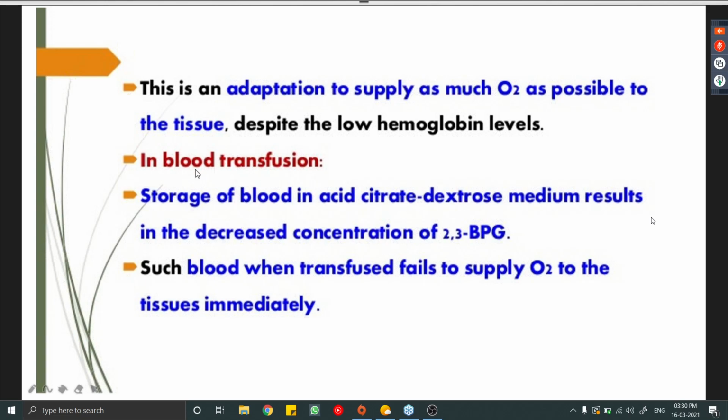Similarly, when we transfuse blood, we usually store the blood in citrate dextrose medium, and slowly, because glycolysis is going on, there is reduced concentration of 2,3-DPG. Such stored blood usually fails to supply oxygen to the tissues immediately.